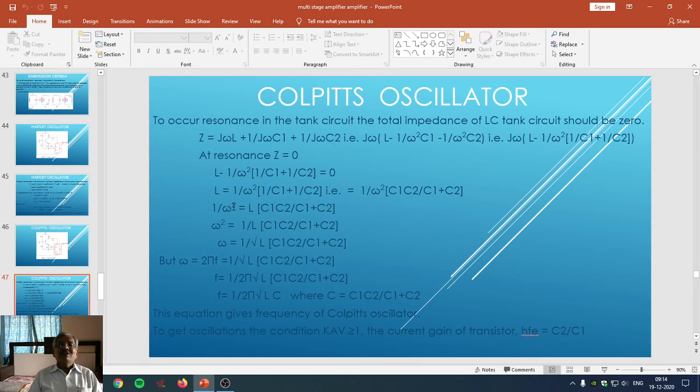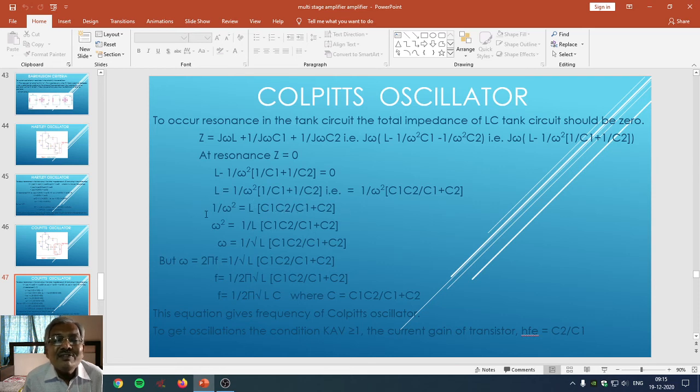So that's why we can write it, by rearranging the terms, 1 upon omega square equals, transfer this term to the left side, L into C1 C2 upon C1 plus C2.